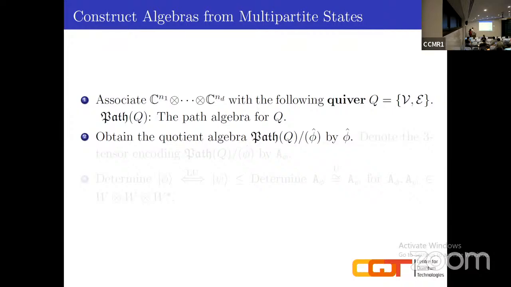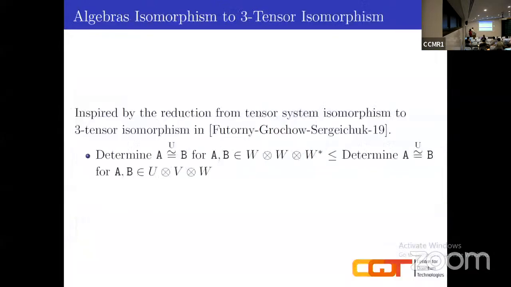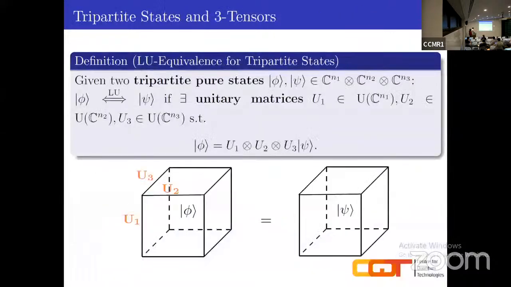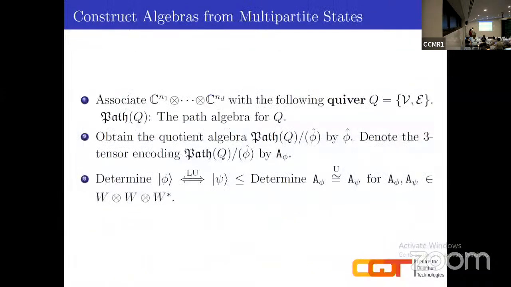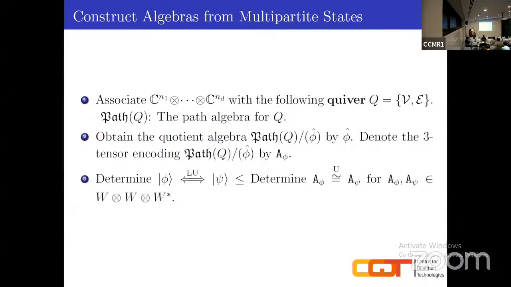And now we actually prove that there is a reduction that reduces the LU equivalence of two multipartite states to the isomorphism problem of these 2 quotient algebras. And since you can think of a quotient algebra as a special type of 3 tensor, now we reduce this problem from D rank to 3 rank.